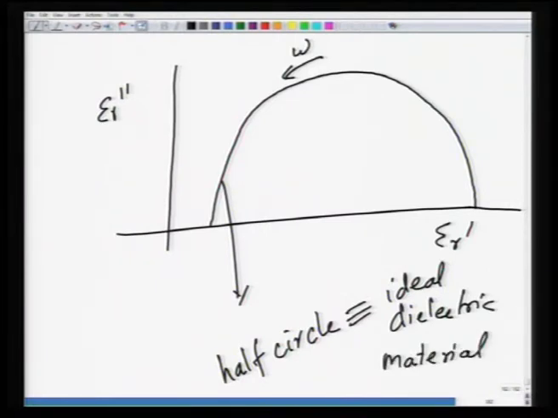And here, as you can see, these two intercepts on the x axis mean the values of the dielectric constants. If I write it slightly away so that it does not get confusing, epsilon r prime.